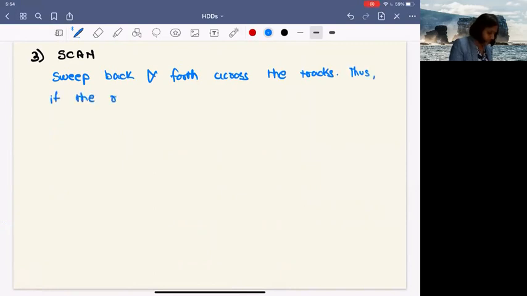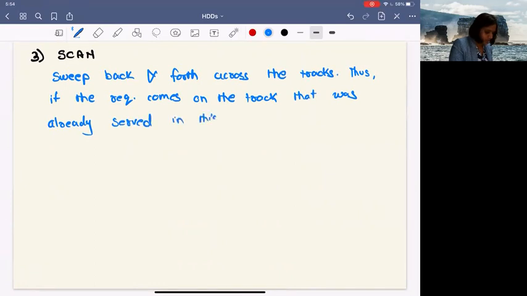Thus, if a request comes on a track that was already served in this sweep, then that's queued for the next sweep.